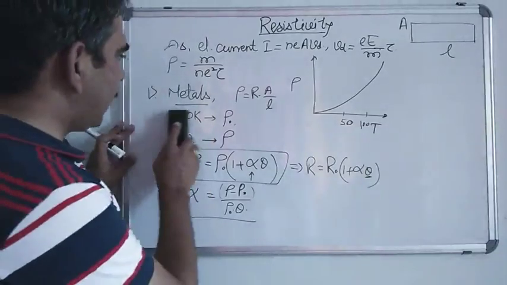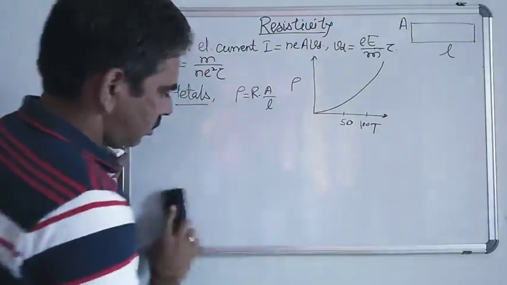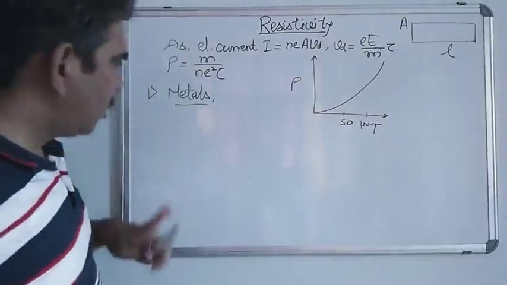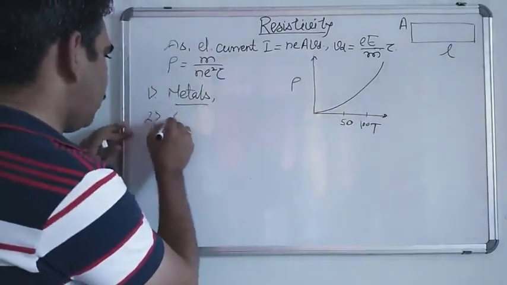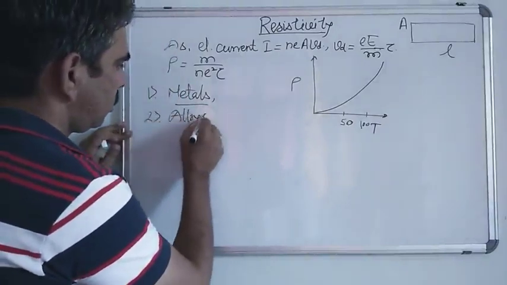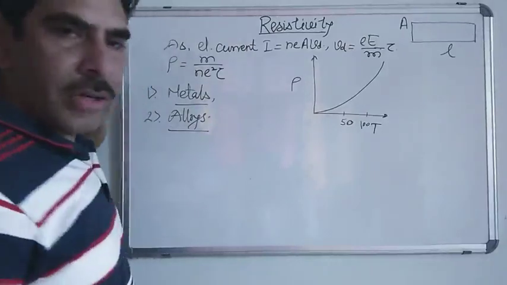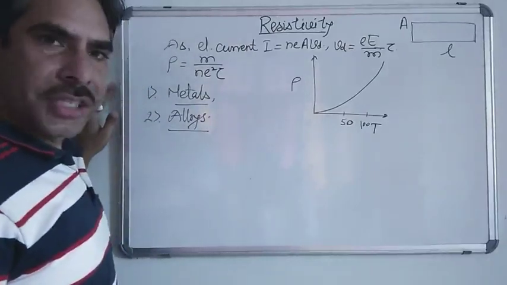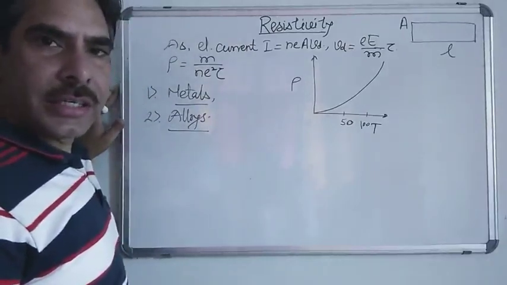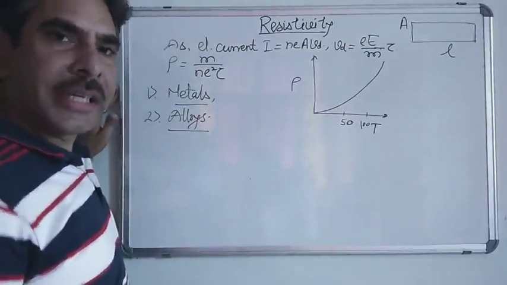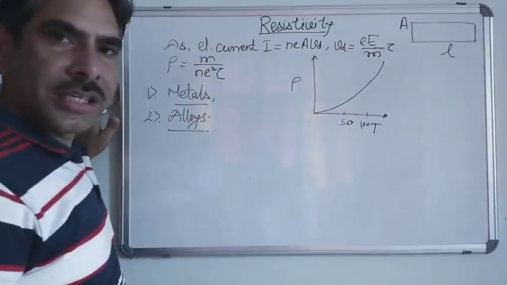If we talk about alloys, the resistivity of alloys changes with temperature at a constant rate. It does not show any appreciable increase in the resistivity.